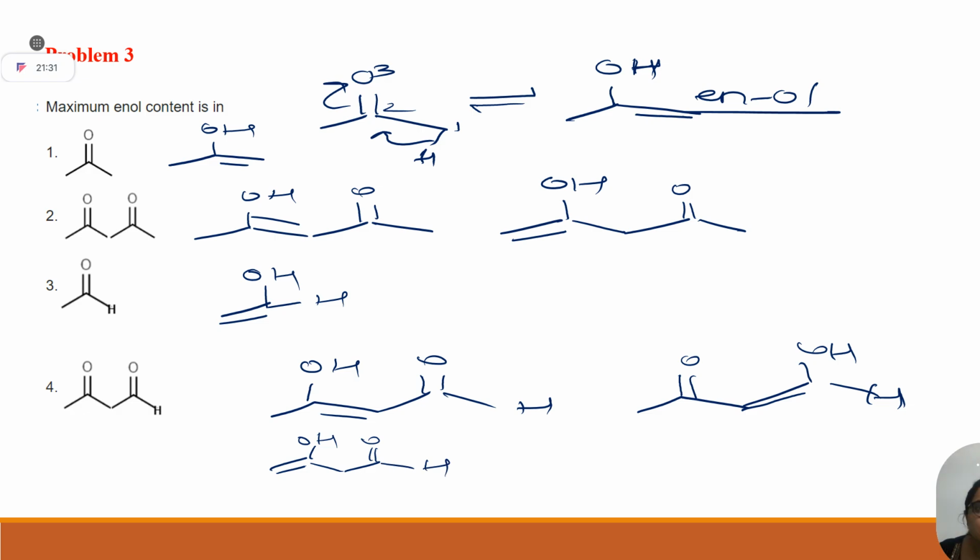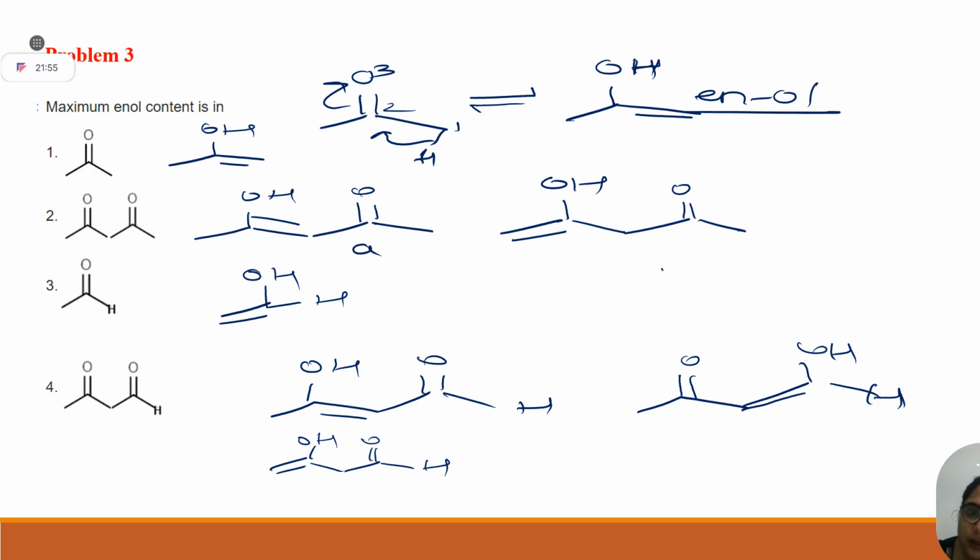Now tell me which is having maximum enol content. Option number 1 and 3 are out. Decide between option number 2 and 4. Option 2, ma'am. Okay, another thing, tell me. Okay, let me number it.